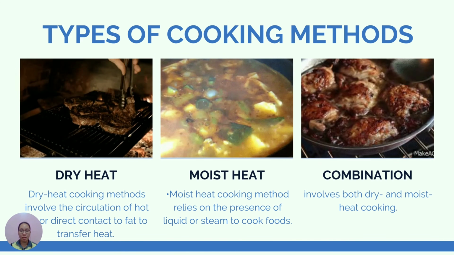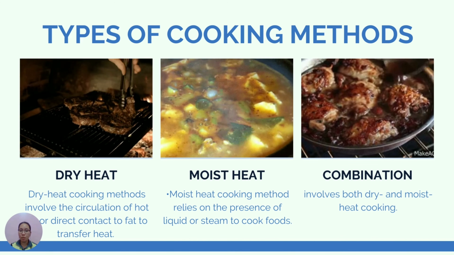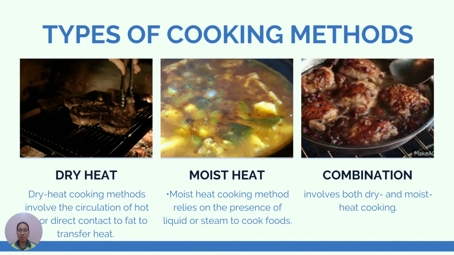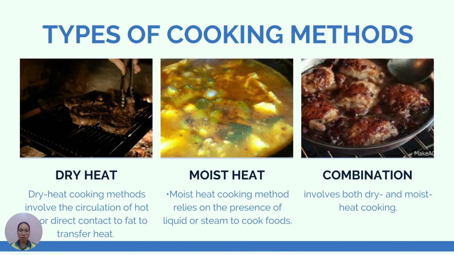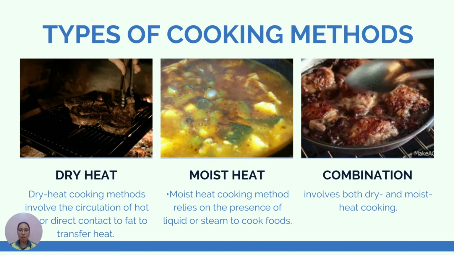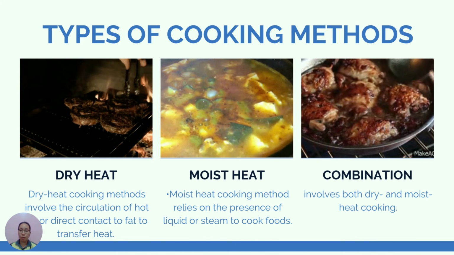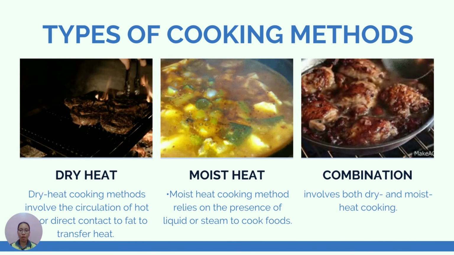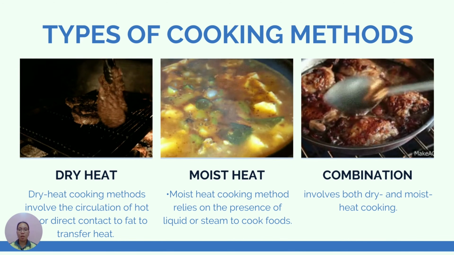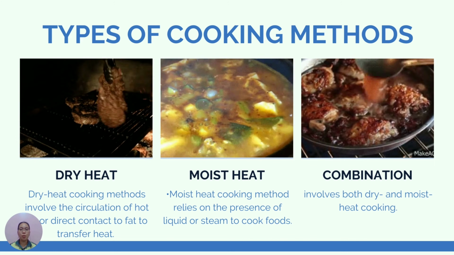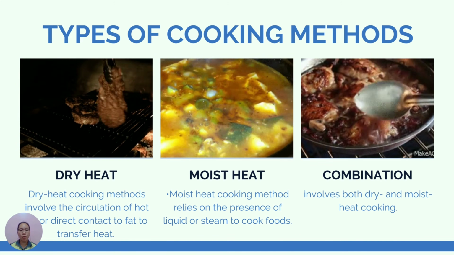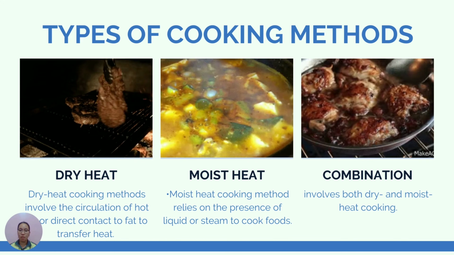Next, the moist heat. So moist heat cooking methods rely on the presence of liquid or steam to cook foods. That liquid can be water, broth, wine, or juice. Moist heat cooking methods preserve and even add moisture to the food.